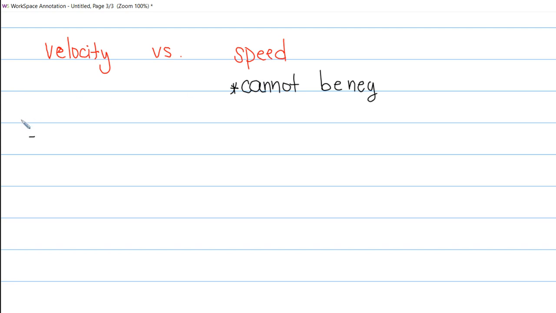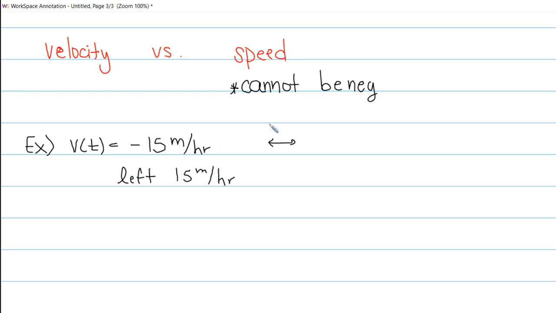So for example, if I tell you that my velocity, my v sub t, is negative 15 miles per hour, that doesn't mean that I'm going negative 15 miles per hour. That just means I'm going either left or south. So in this case, let's say I'm moving left or right. So I'm moving left 15 miles per hour. Does that make sense?